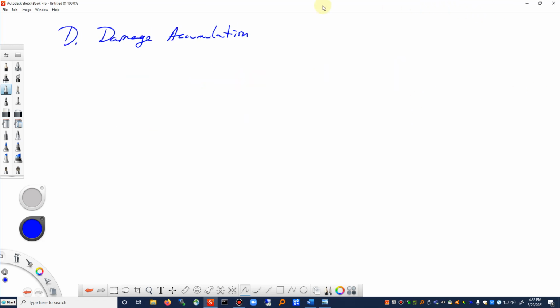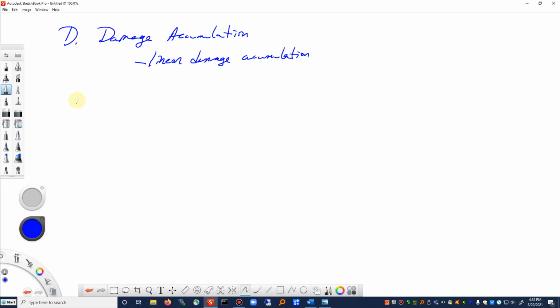All right, so now let's talk a little bit about damage accumulation. We've already introduced the idea of Miner's rule, or some people call it the Palmgren-Miner rule, and that's known as linear damage accumulation. All right, well, what does that mean?